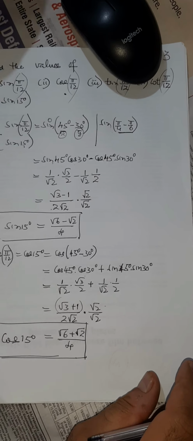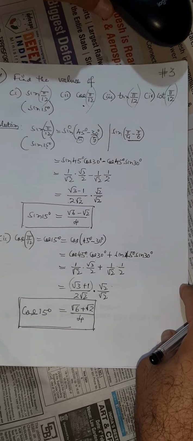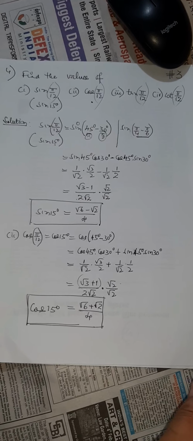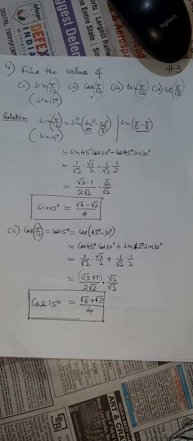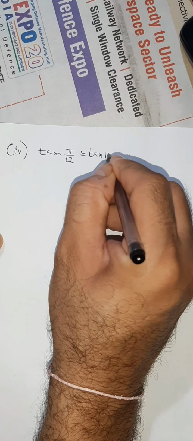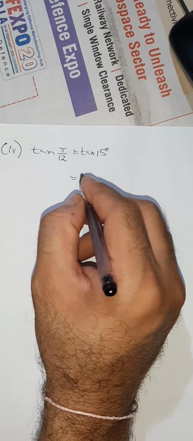Okay, now next we go to tan. Next we go to tan pi by 12. So let's go for that. So tan pi by 12, that is same as tan 15 degree. I'll use addition formula for tan here.